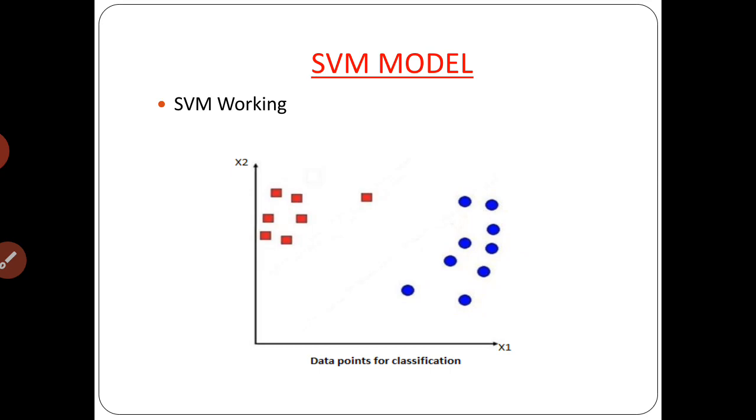So widest margin means, from here I'm using one data set, and here one more data set, and we take the distance from this data set to that data set. So we will get the widest margin. If we get the widest margin, automatically that is a good margin. The largest distance between the training data points of either class gives some optimal planes.